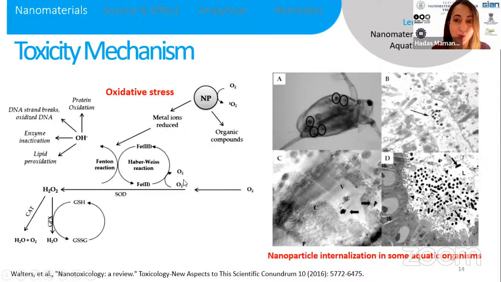The superoxide radical can also be generated due to these different phenomena. Oxygen can form superoxide radicals, which will result in release of SOD, which will transform this to hydrogen peroxide. We can also have hydrogen peroxide if it's generated in the water. It can also diffuse inside microbial cells.